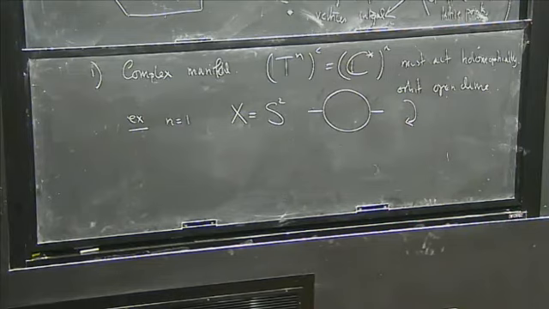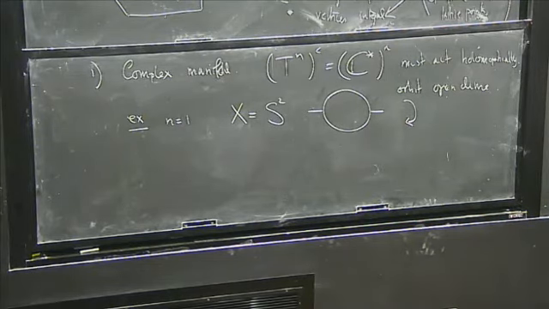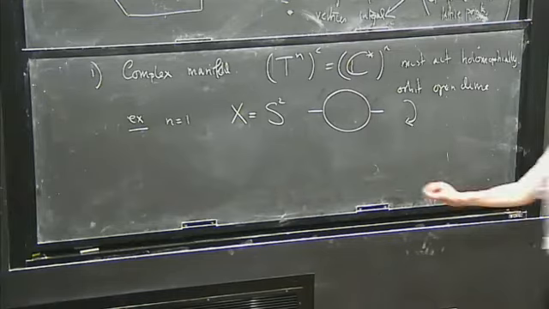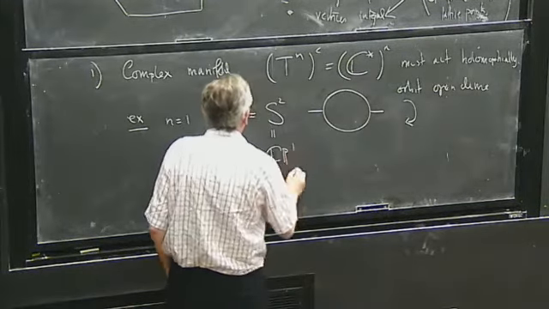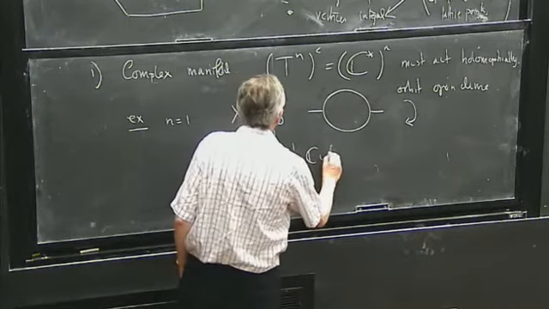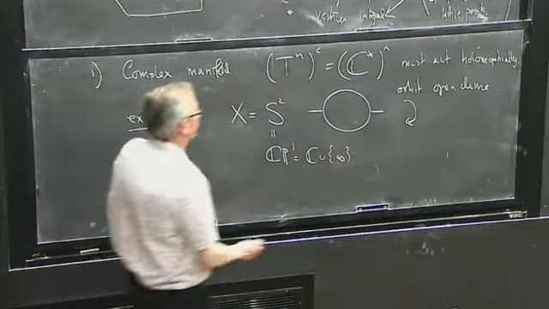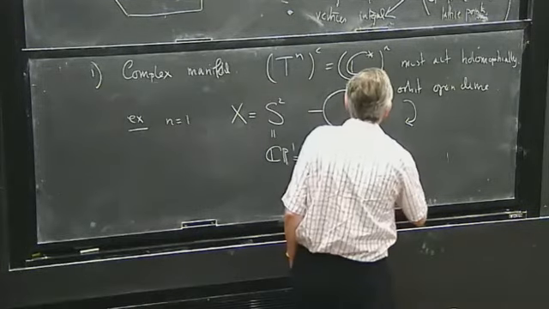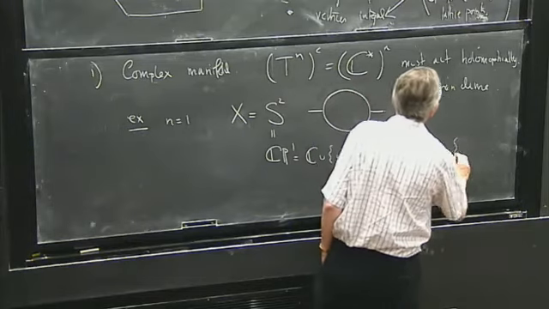But we can extend that to an action of C star, and if we take the orbit of 1, thinking of this as CP1 in the usual way, we can think of this as C star union 2 extra points, 0 and infinity.